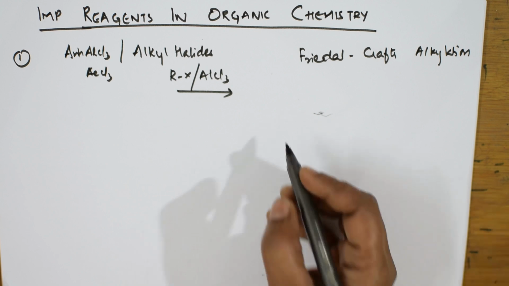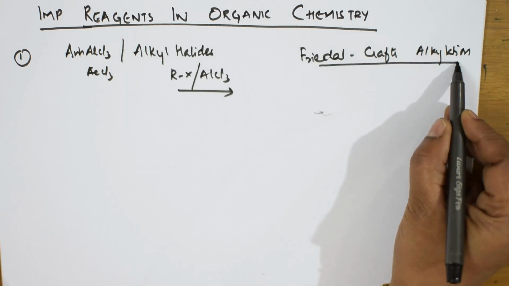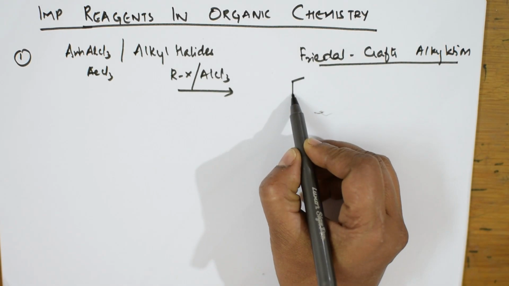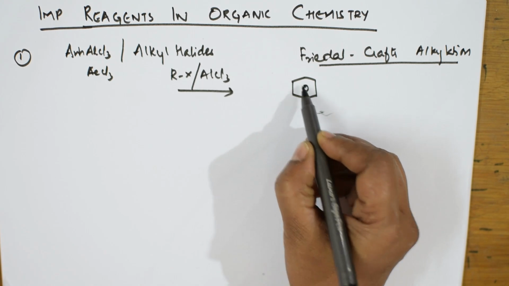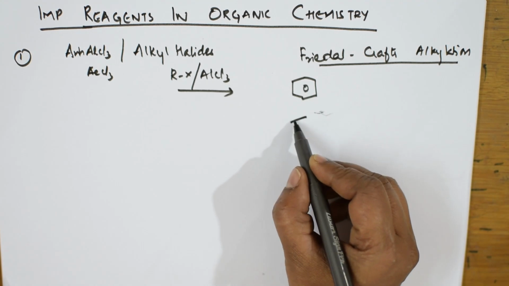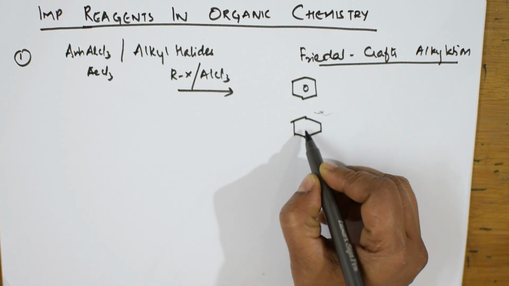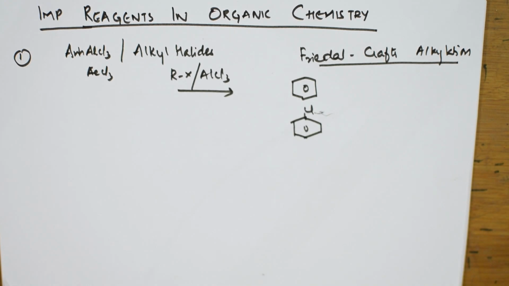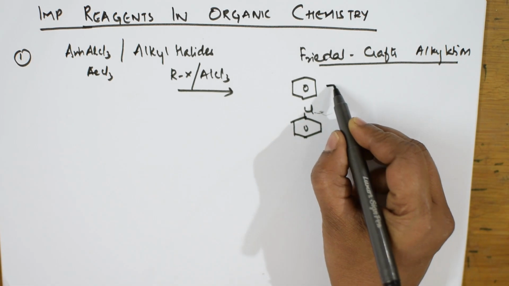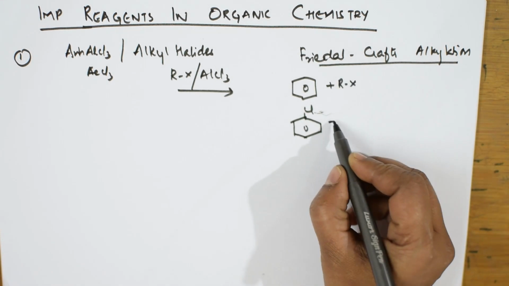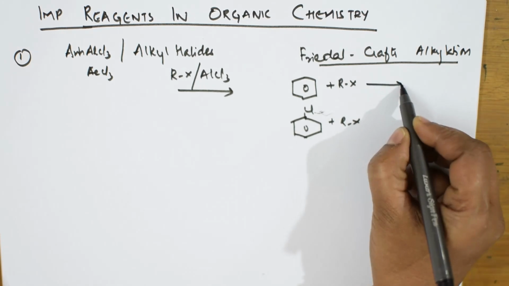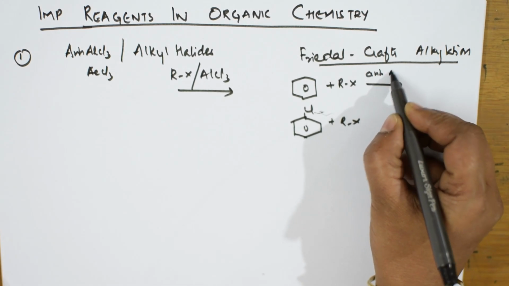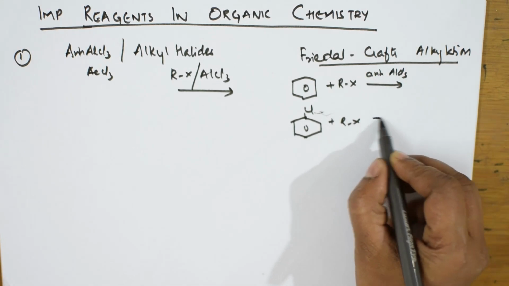We very well know this Friedel-Crafts alkylation reaction is used to convert an aromatic ring. That means when you have an aromatic ring like benzene, or an aromatic ring like chlorobenzene, and on the top of the arrow you have alkyl halide and anhydrous AlCl3, or a Lewis acid like FeCl3.